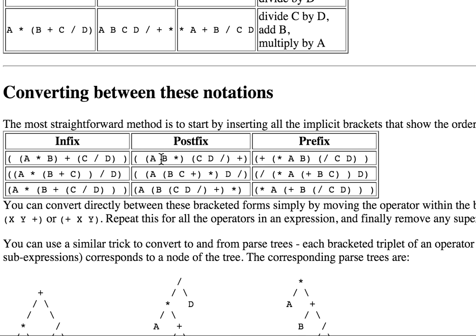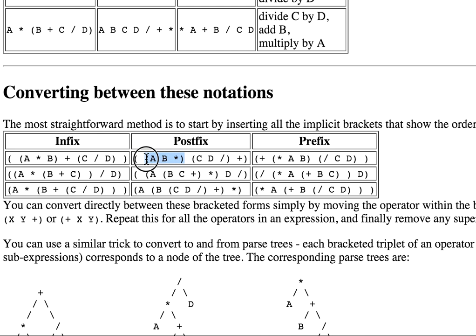To convert from postfix to prefix, you have operand, another operand, and then operator. Just put the operator at the beginning. As you see, the plus sign goes to the beginning, and then we have this one, which is operand, operand, operator.